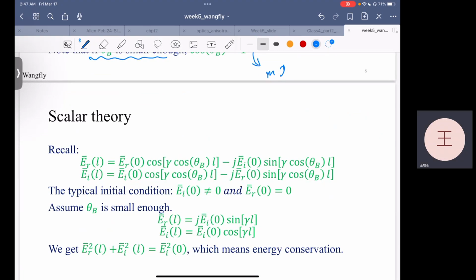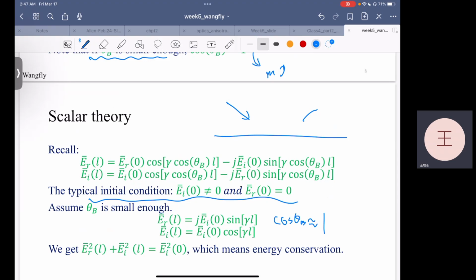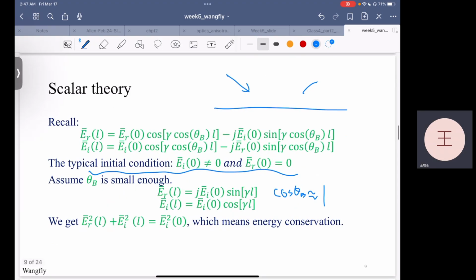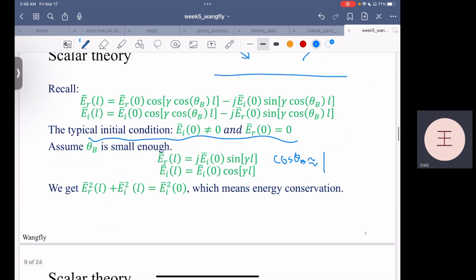It is reasonable for us to have an initial condition in this way, because at first we just have an initial incident wave, but there is no reflected wave at all. And assume theta b is small enough, that is, cosine theta b equals 1. We have the following term. And energy conservation is reasonable.